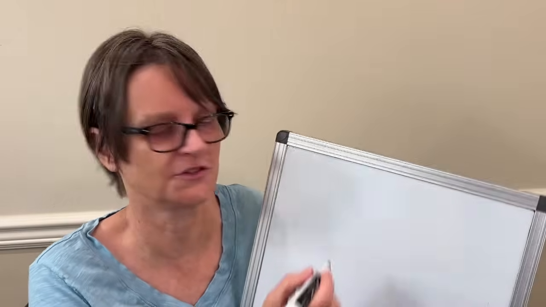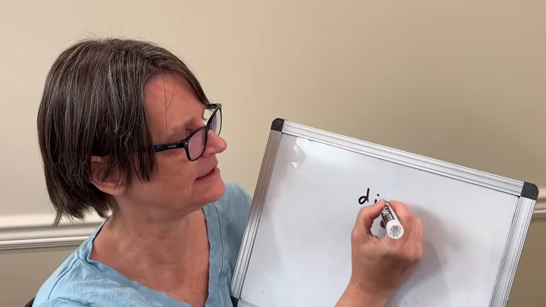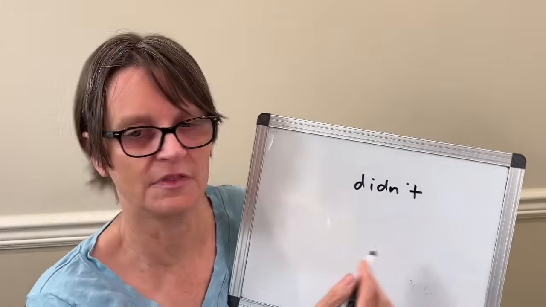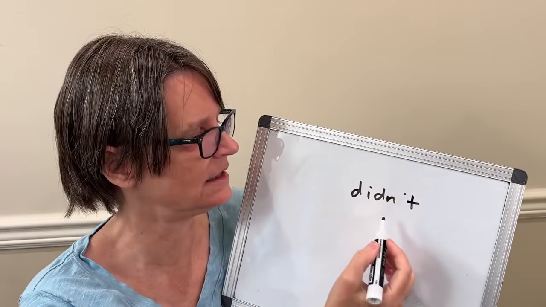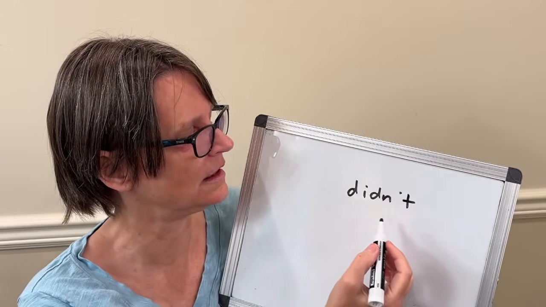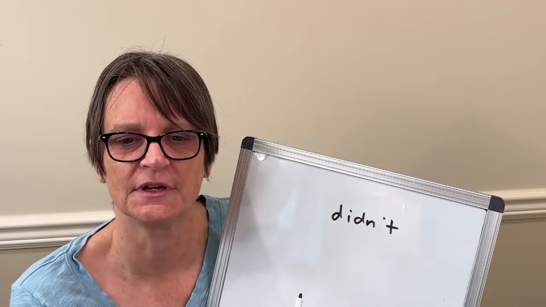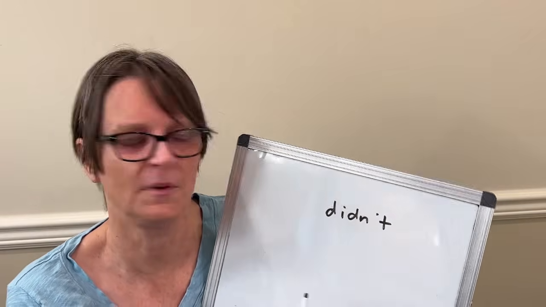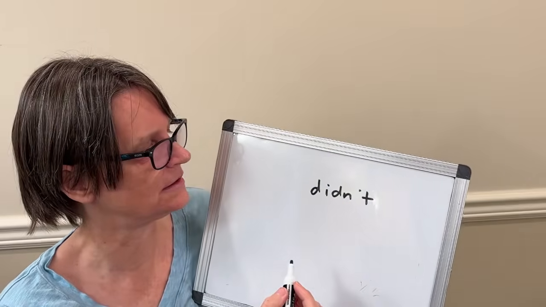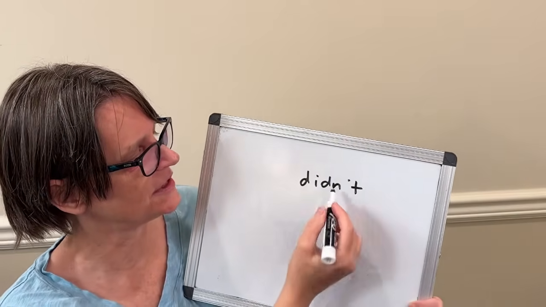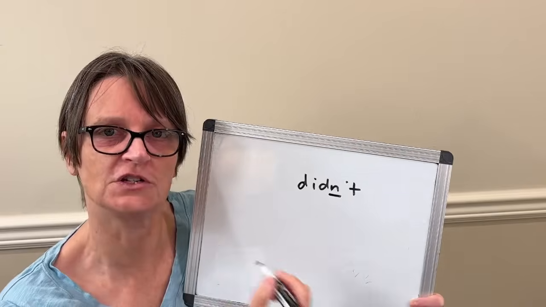We have a question about didn't: does the second D become a flap T in fast speech, or a weak R? Yeah, because what happens here is that this N functions like a vowel.